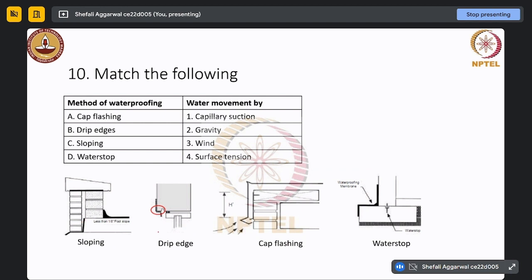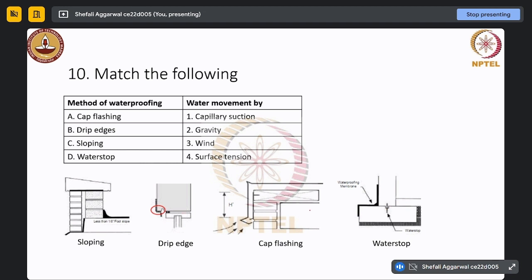These are the different types of waterproofing. This is a sloping type of waterproofing. This is a drip edge. We are providing a small cut at the bottom of our wall, lintel, and this is cap flashing, and this is a water stop.